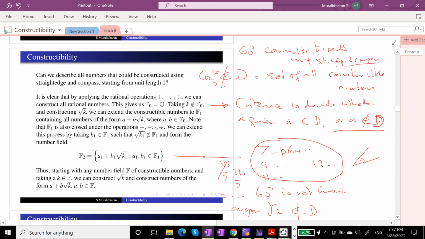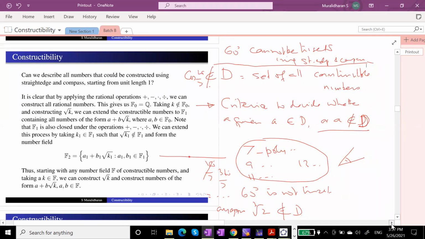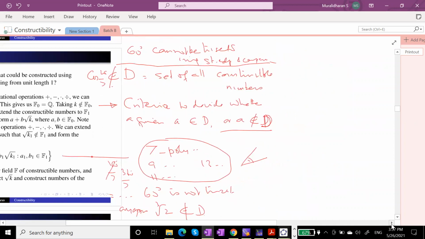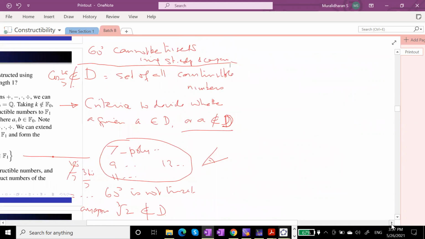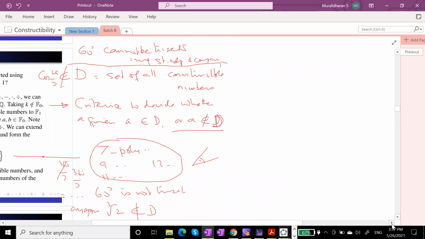In fact, there are lots of people who do not believe this kind of can't-be-done thing. A couple of years ago, I met a teacher teaching in a reputed school, and he said that it is not true that angles cannot be trisected, and that he had a construction which will trisect any angle. He showed me the construction.